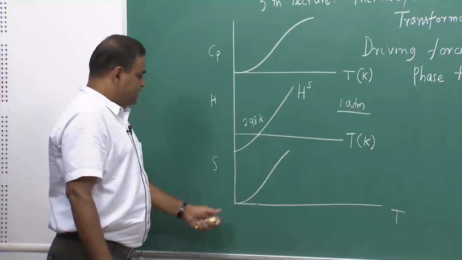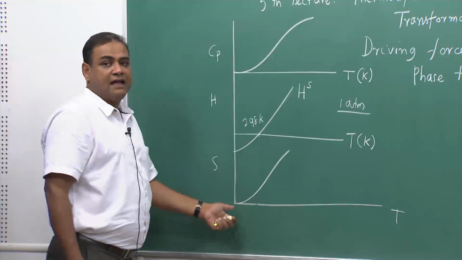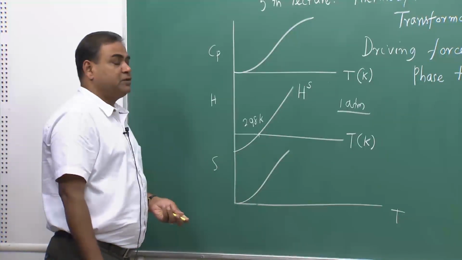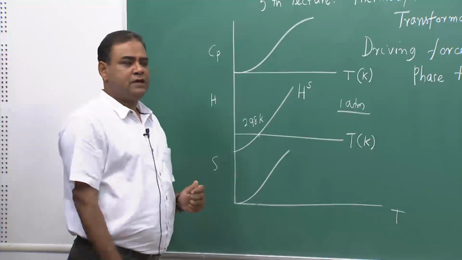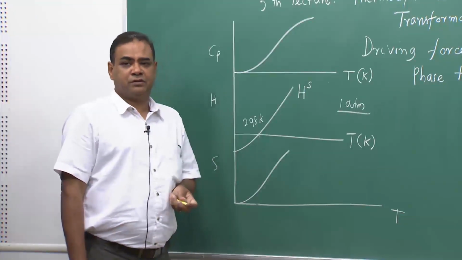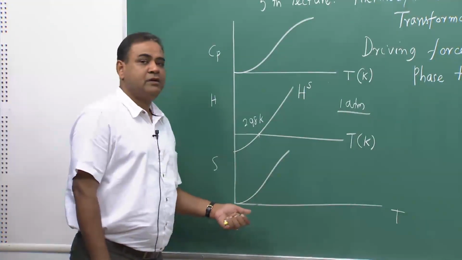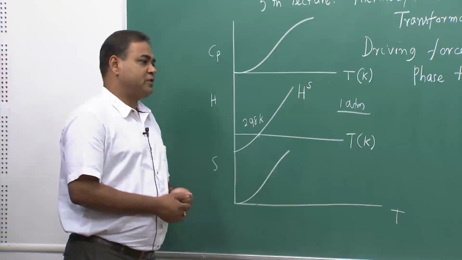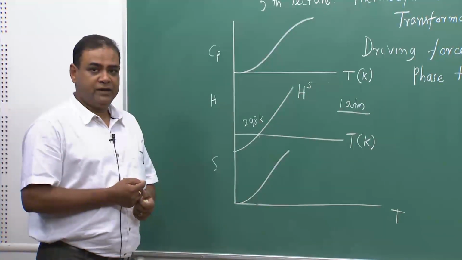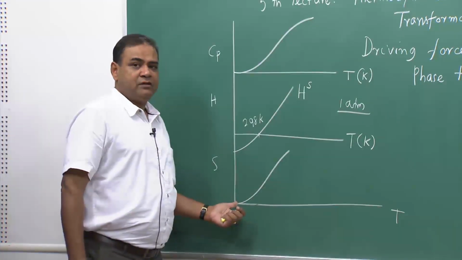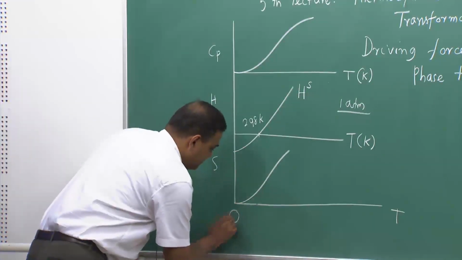Now, the entropy of a pure substance, as per the third law of thermodynamics, we know that if it is absolutely pure, if there is no contribution of mixing entropy to the total entropy of that substance, and it is a condensed state, then at a constant pressure this value at 0 Kelvin is 0.